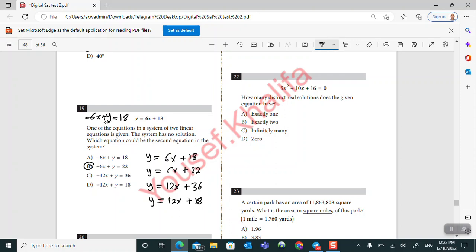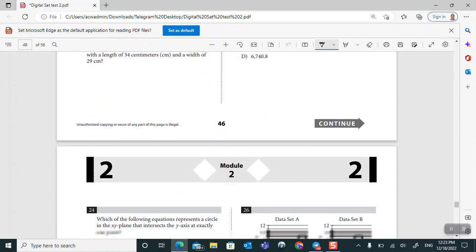In order to have the same slope, you can use the formula: A over B must be equal to the minus A over B of the second formula. So let's call it 2, and that's 1. Performing this equation, you will notice that the only one that satisfies this formula is B. Okay? So that's all for question 19. Let's move on.